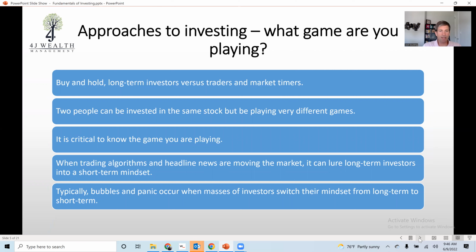Approaches to investing. What game are you playing? So I would broadly classify investing into two groups of individuals. There's your buy and hold long-term investors, and there's your traders and market timers. And what's important to recognize is you can have both groups of investors invested in the same security, but they're playing very different games, right?